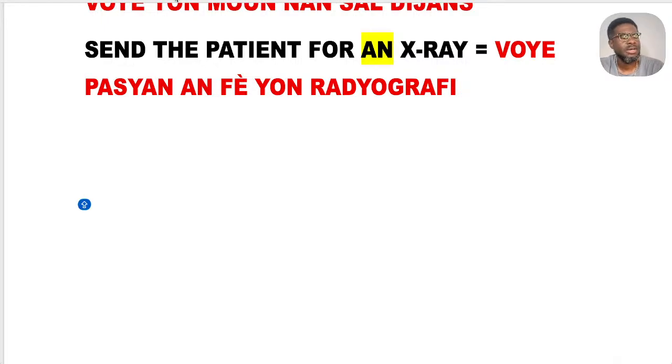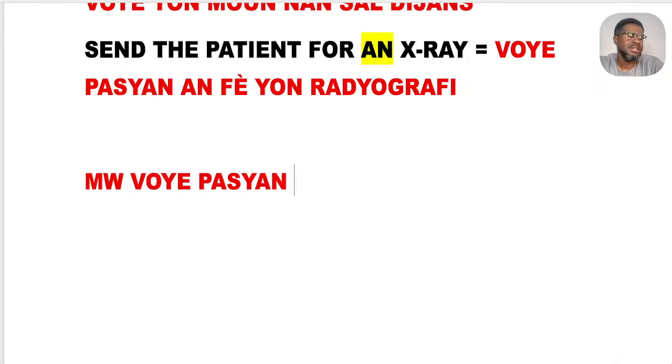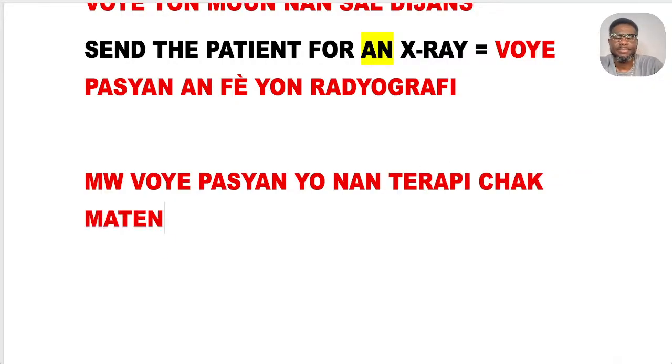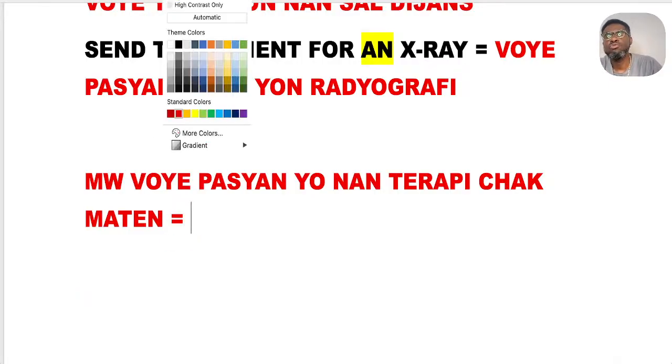So n'a prend yo, n'a essayer convertir yo dans tout temps yo. OK, même phrase là. All right? Juste pour faire plus rapide. OK, mwen voye pasyan yo nan terapi chaque matin. OK, pour aller bien rapide, guys, nous va perdre du temps. Bam tout mettre égal là.